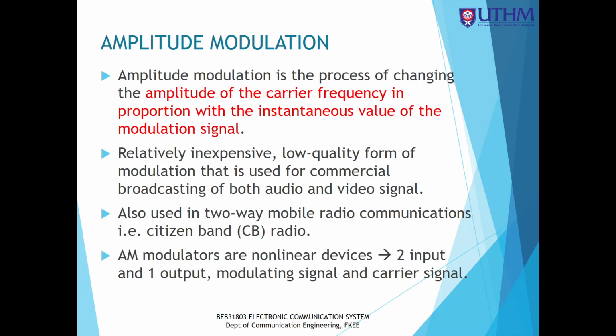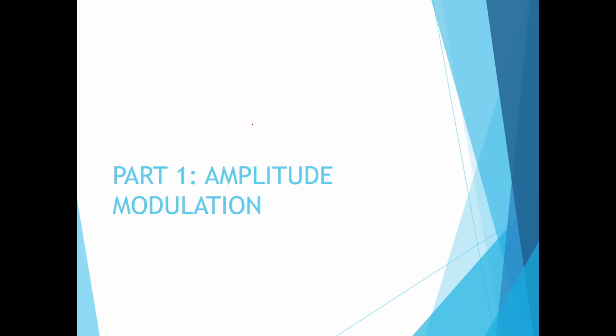Amplitude modulation. Amplitude modulation is the process of changing the amplitude of the carrier in accordance with the instantaneous value of the modulating signal. Again, this is the input. What number is this? I'm sorry, 4. This is number 4.